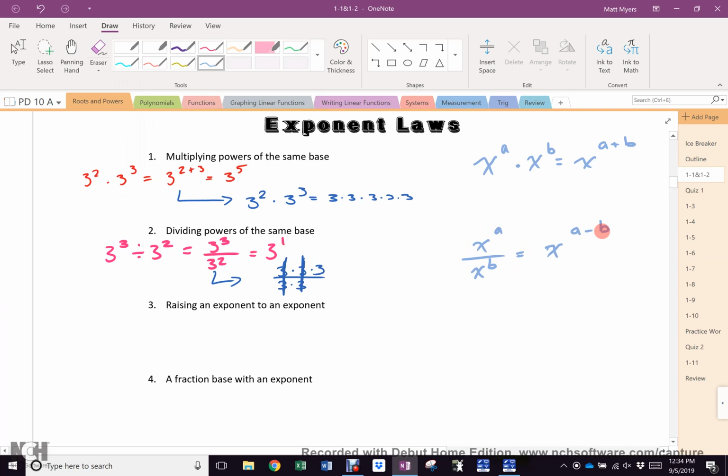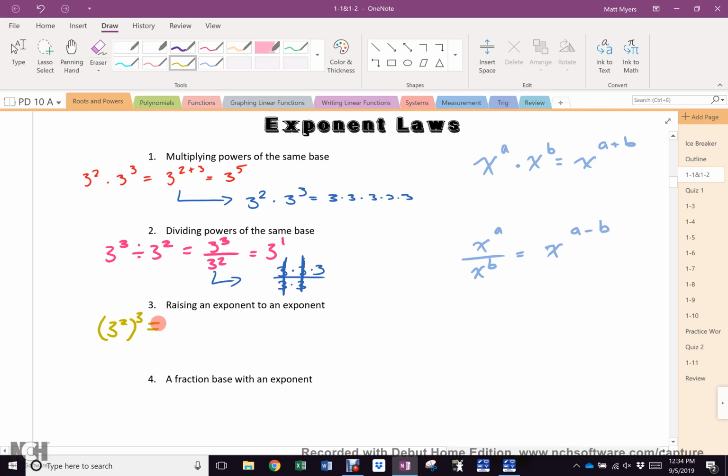When is that true? Always, as long as the bases are the same. Is everybody good? Spectacular! Now let's go on to a third one. Raising an exponent to an exponent. 3 squared, which is an exponent, cubed, equals.